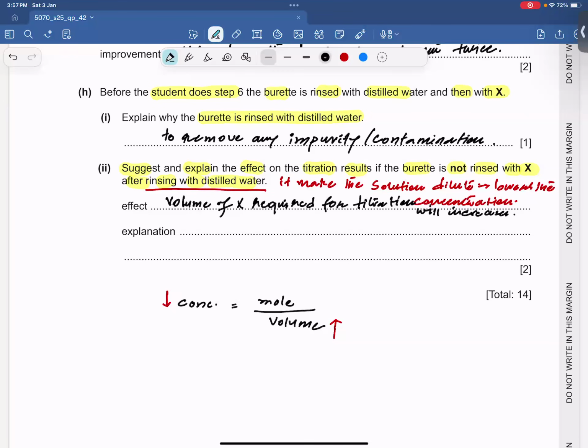Why? Rinsing with distilled water makes the solution diluted. It lowers the concentration, obviously.